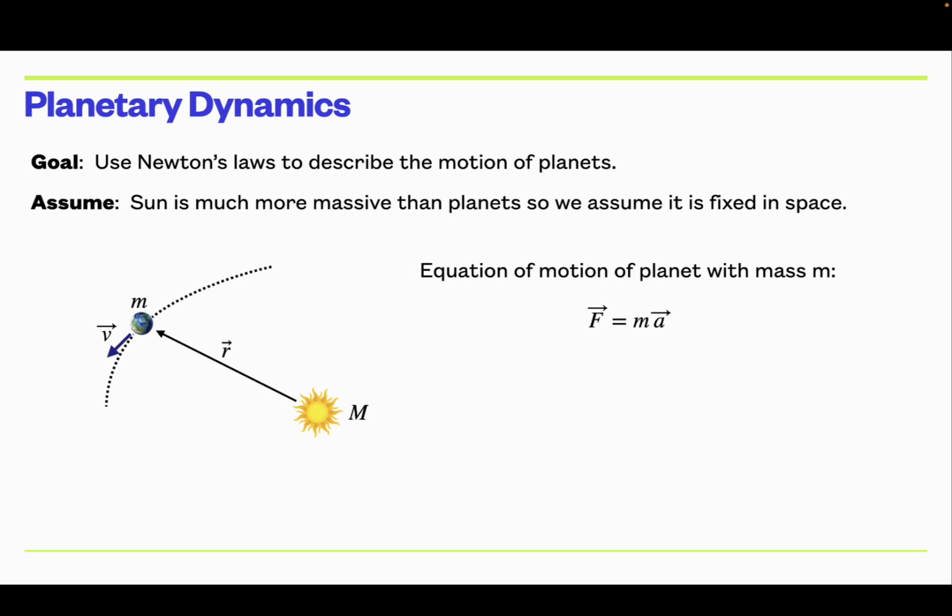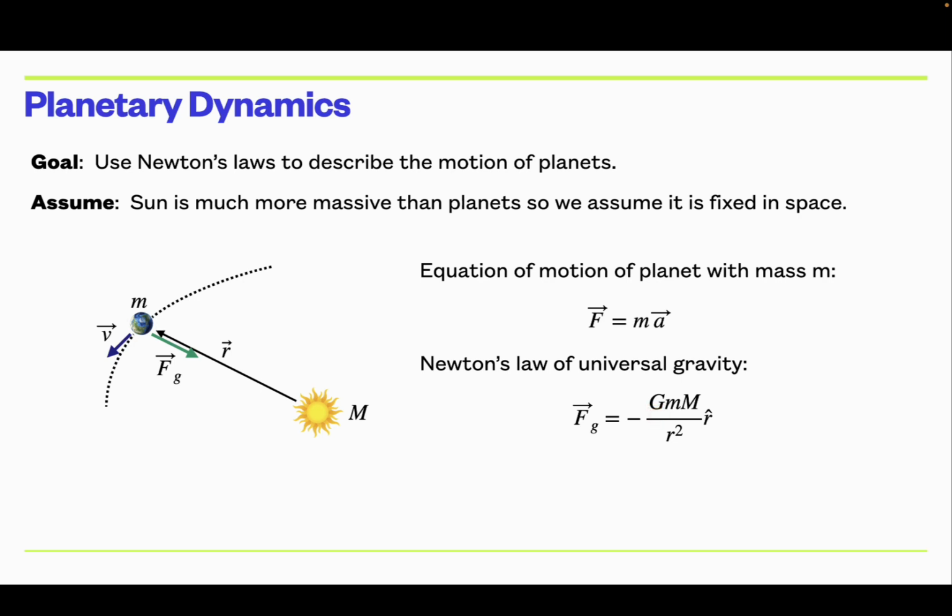So the equation of motion is just F equals ma. The gravitational force between the planet and the sun was again discovered by Newton and deduced from Kepler's observations. Newton found that the gravitational force is proportional to the product of the masses divided by the distance squared.